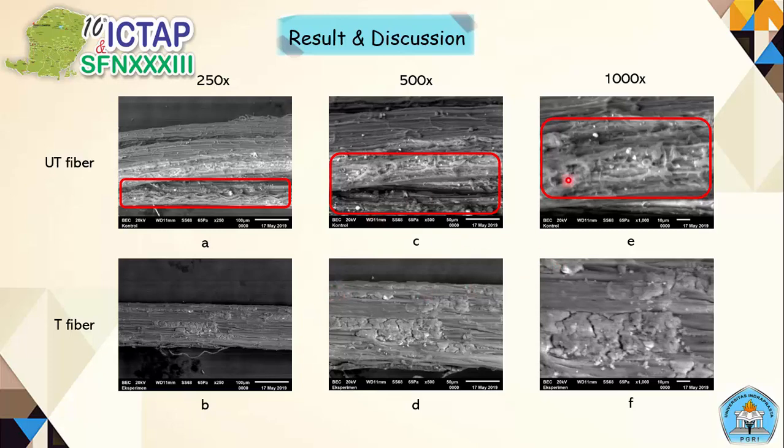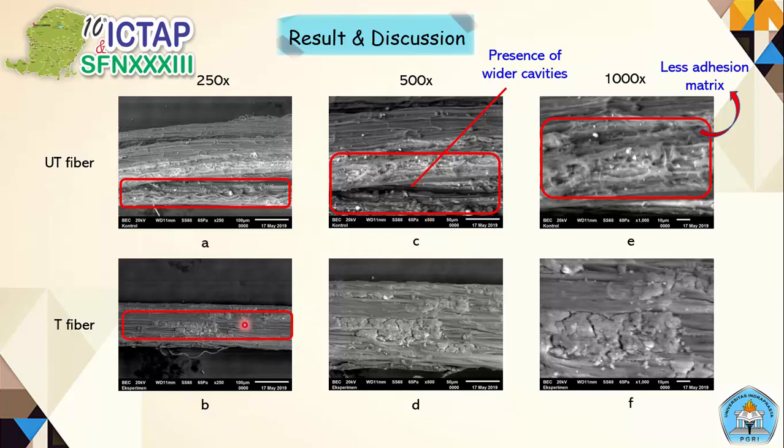This indicated a weak intermatrix adhesion attraction. This condition caused agave fiber composite that was not treated with alkaline immersion to be more brittle. The presence of wider cavities also indicates that the adhesion between the fiber and matrix is low.